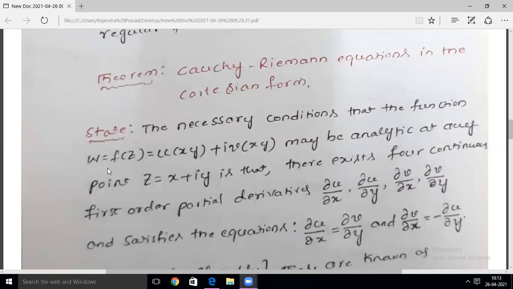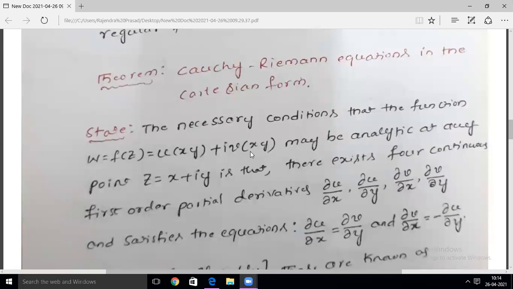So we write w is equal to f of z, which is also equal to u of x comma y plus i into v of x comma y, or simply w is equal to f of z, which is equal to u plus iv. It's understood u is a function of x and y, v is a function of x and y.